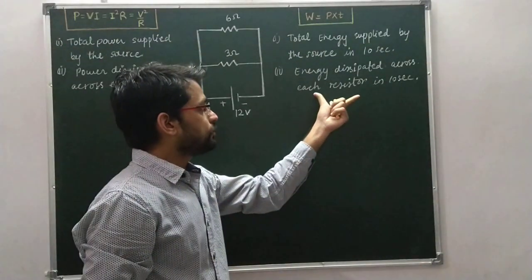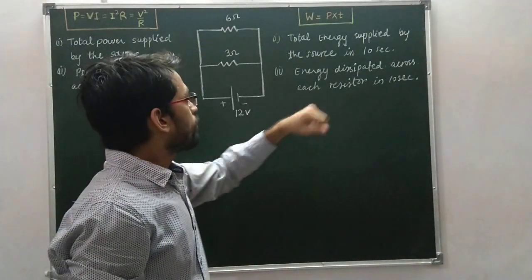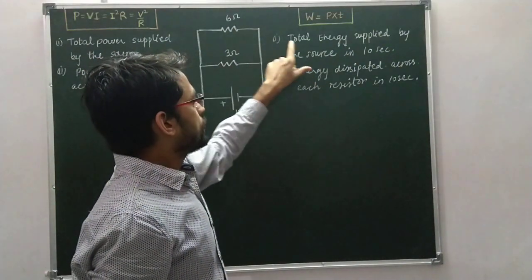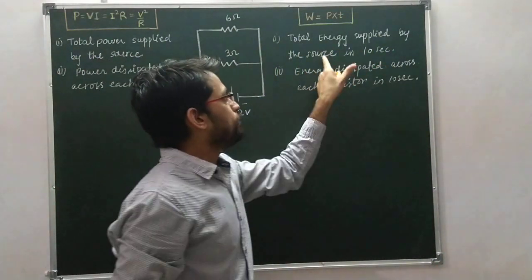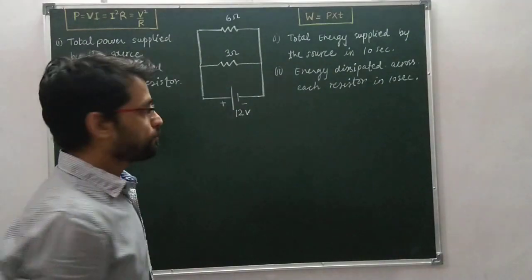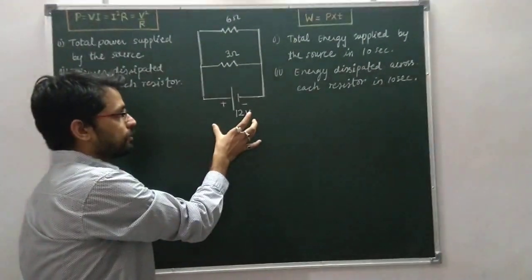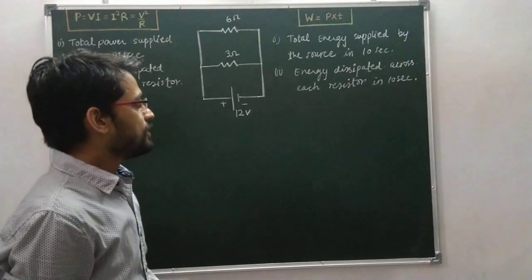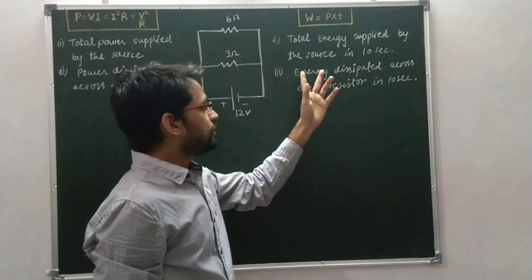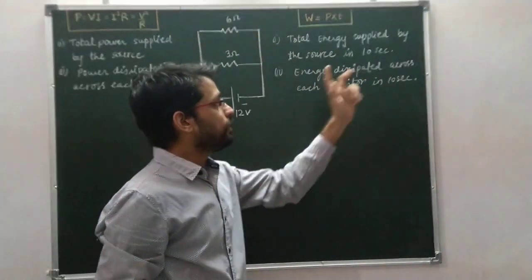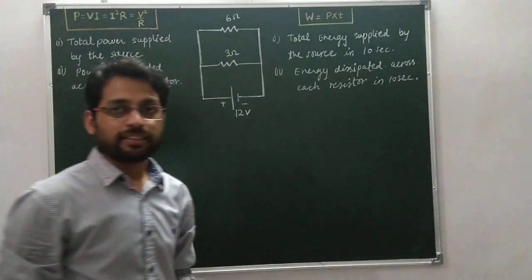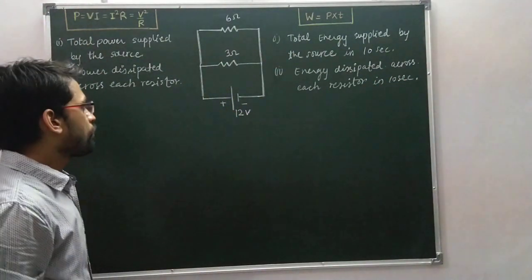And here, this is the energy section, and the first question is, what is the total energy supplied by the source in 10 seconds? What is the energy supplied by this source in 10 seconds? And the second question is, what is the energy dissipated or delivered across each resistor in 10 seconds?